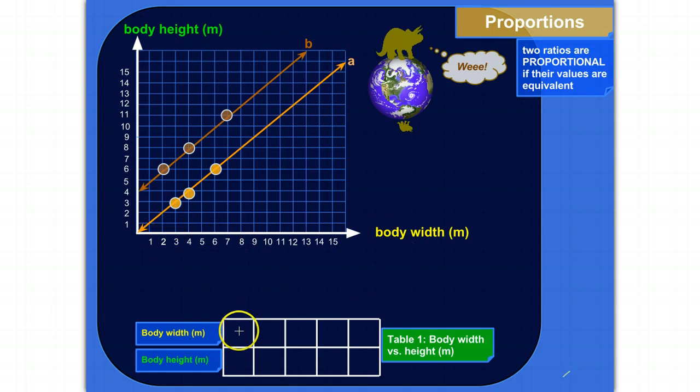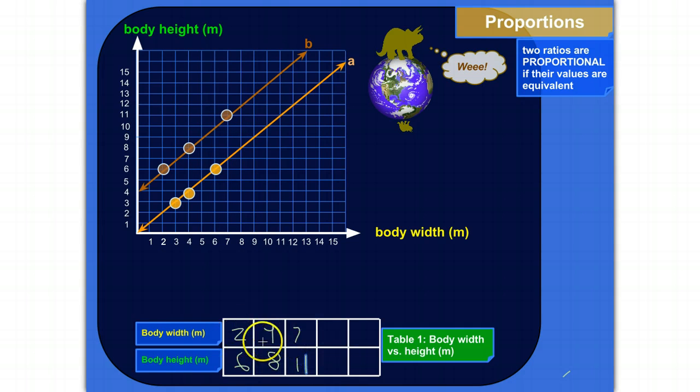On this point, the width of that guy is 2, and when his width is 2, his height is 6. And here, this guy, his width is 4 meters, and when he's 4 meters wide, he's 8 meters tall. I mean, this is a big guy. This guy's 7 meters wide, and when he's 7 meters wide, he's 11 meters tall.